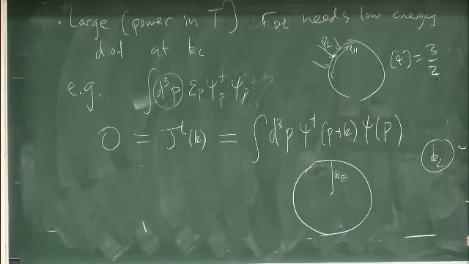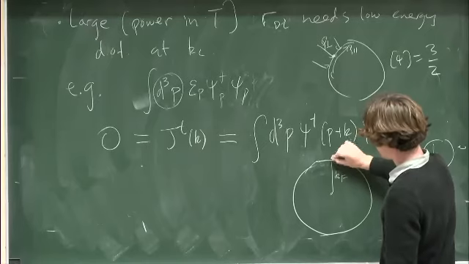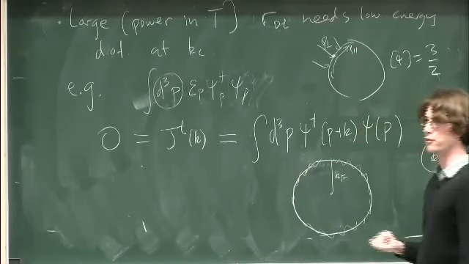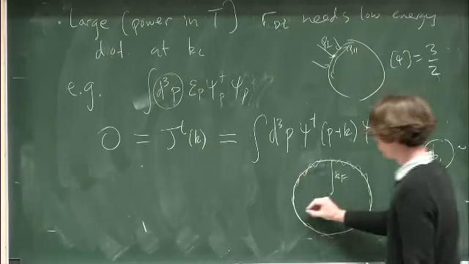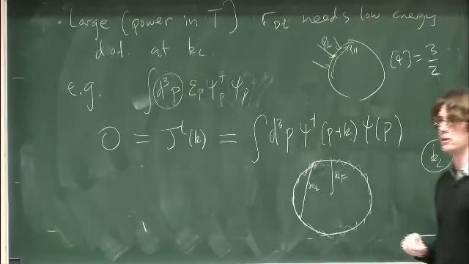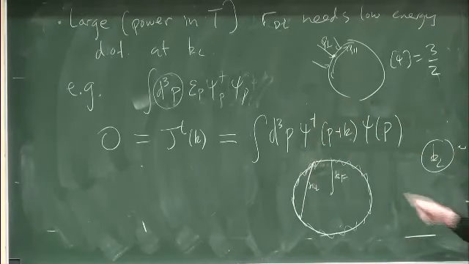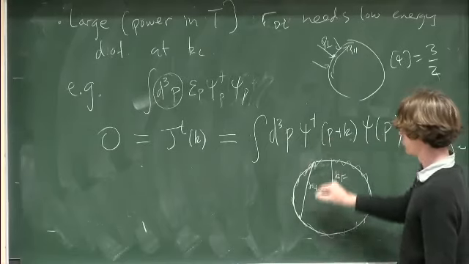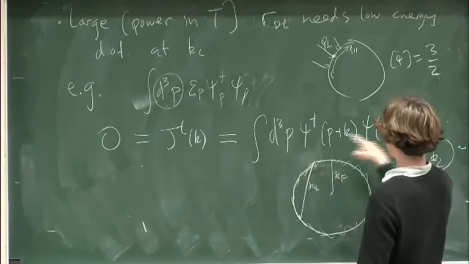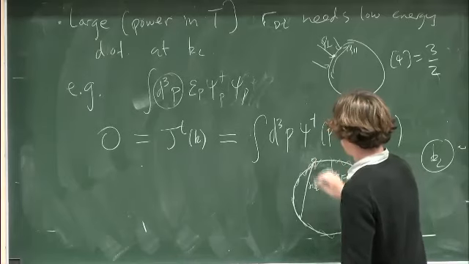The nice thing about the Fermi surface is that all the light degrees of freedom live on it. You could imagine that two points on the Fermi surface might be connected by KL. That means this charge density operator, psi dagger psi, takes a particle there and moves it there.